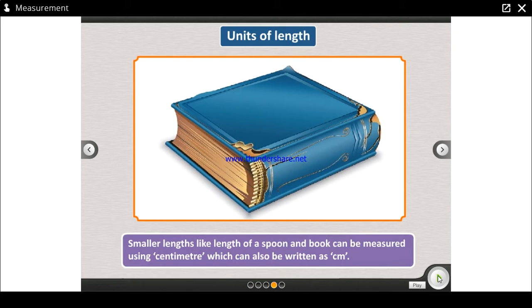Smaller lengths like the length of a spoon and a book can be measured using centimeter, which can also be written as cm. Cm means centimeter.